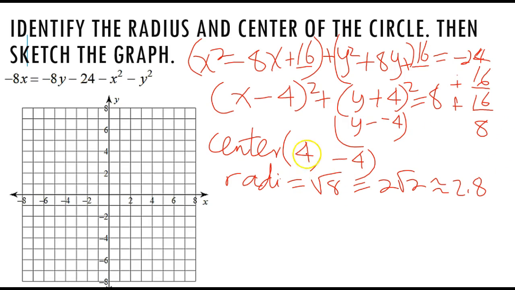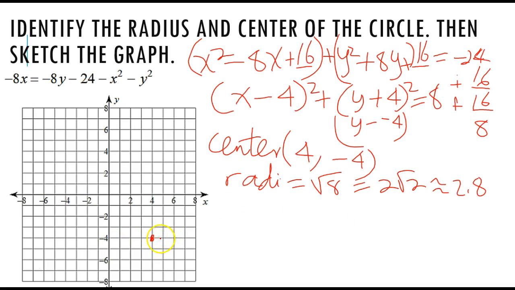Again, we plot that, put your point for 4, negative 4 right here as the center, and then we go in all the 4 directions, 2.8.